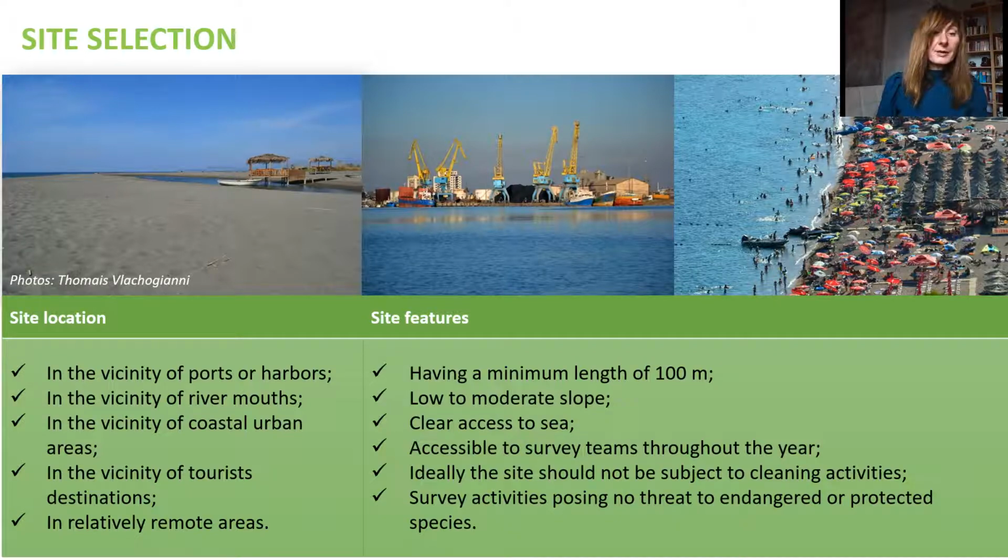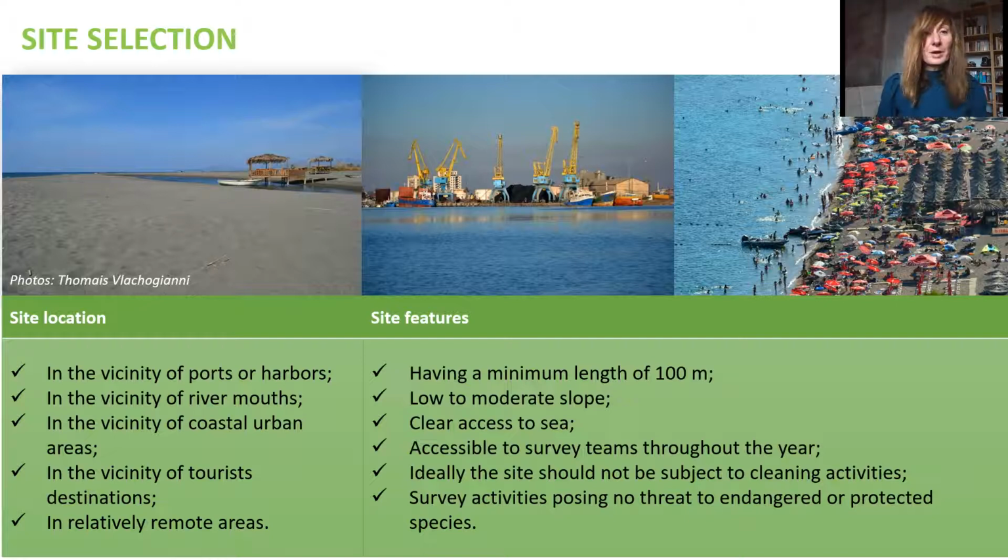First of all, the sites to be included in a monitoring activity have to represent a variety of locations that are, for example, in the vicinity of ports or harbors, in the vicinity of river mouths, in coastal urban areas, in tourist destinations, and in relatively remote areas, while the special features of the survey sites have to be the following.